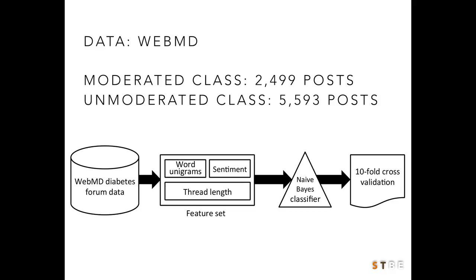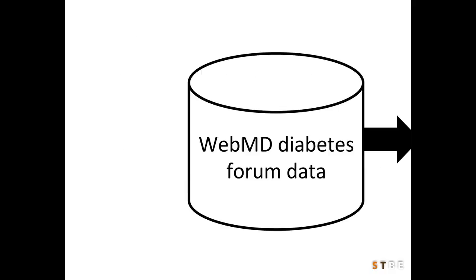You can see the skewing in the size of the two groups, so we had to use different balancing techniques, either oversampling or undersampling, to match and balance the size of the two classes. And I'm going to walk through this process of the classification task.